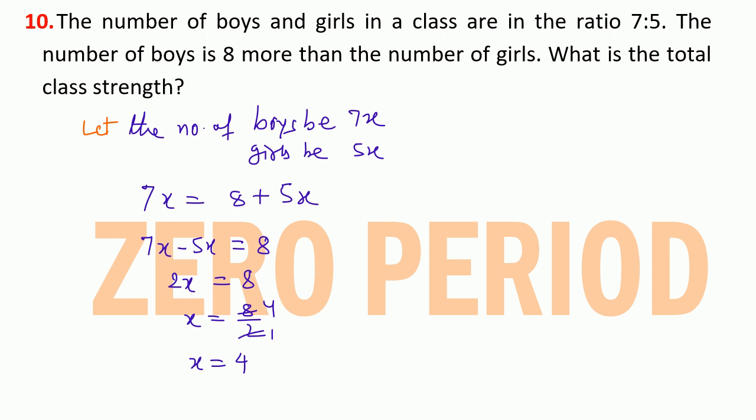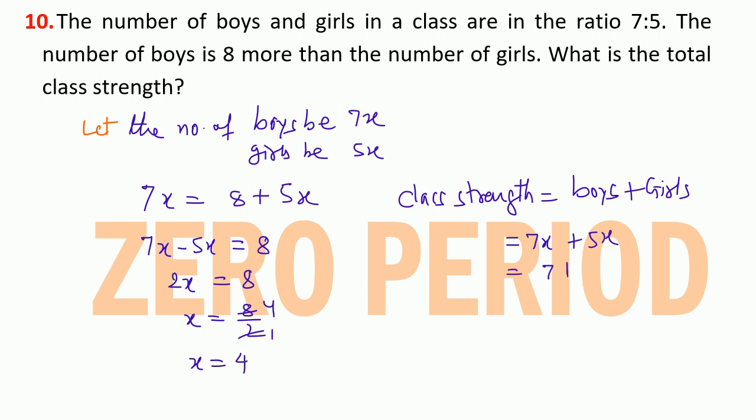X is 4. So by using this value of x, we can get the exact number of students and the class strength. Class strength is equal to boys plus girls. The number of boys is 7x and girls is 5x.